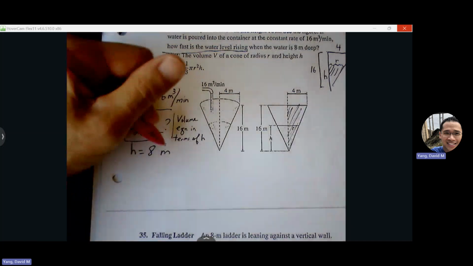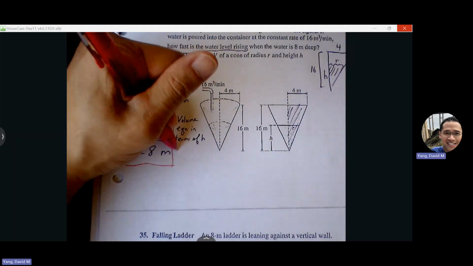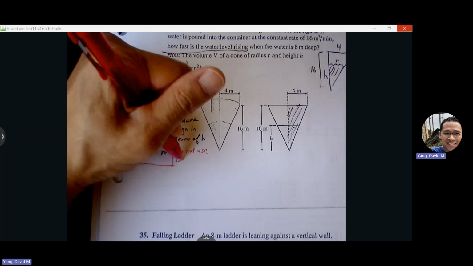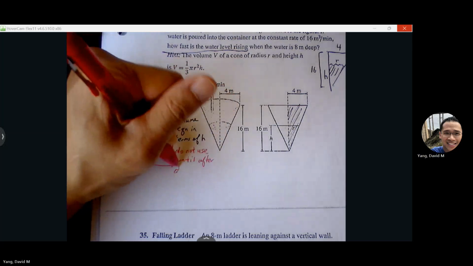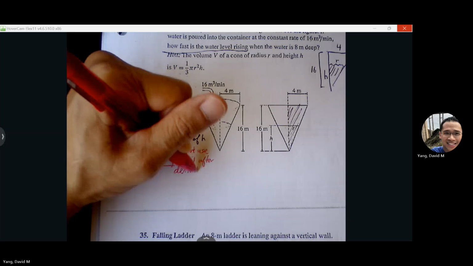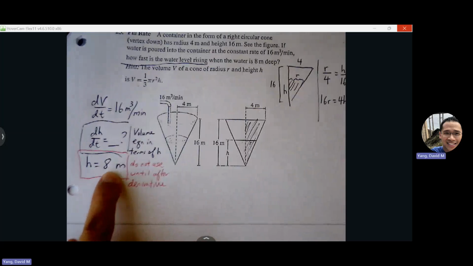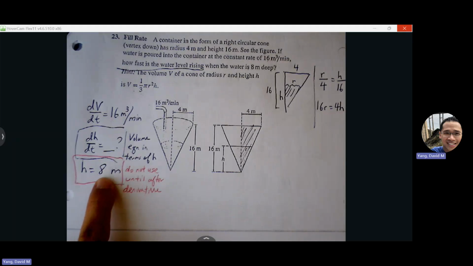The second important thing here is that we don't want to touch this value, right? So do not use it until after the derivative. The reason we don't use this value is because this 8 is talking about the height level of the water at a moment in time.